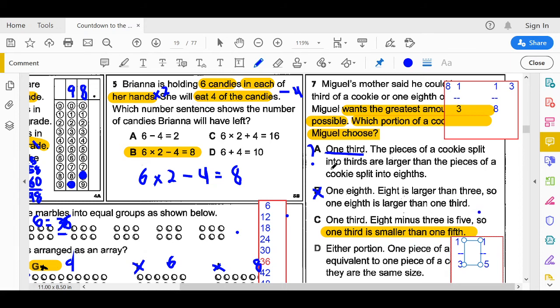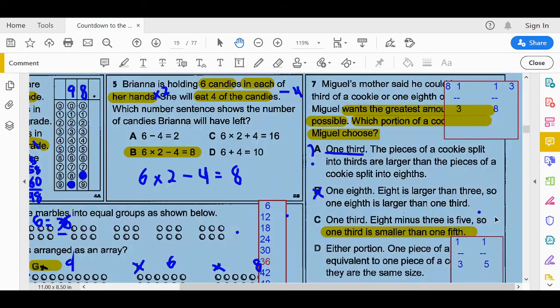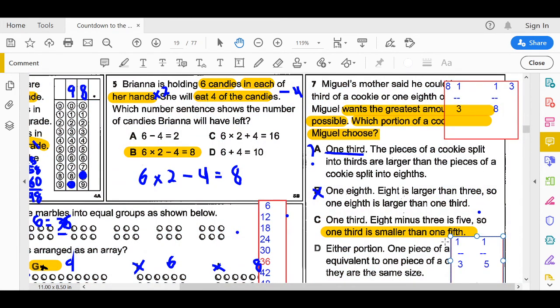So we already know that one. Okay. So 1/3 is bigger than 1/5. And either portion, that is the last option, which I already know is not correct.